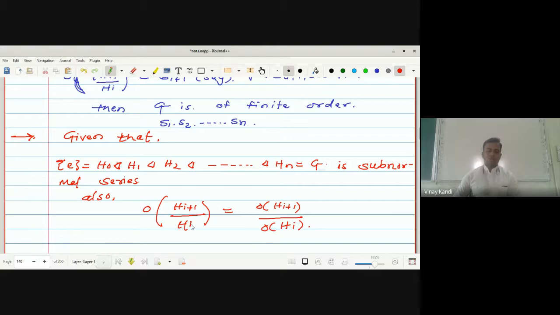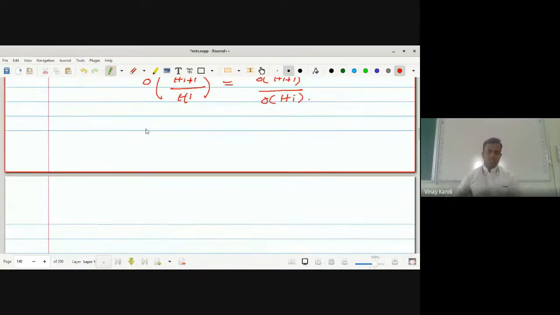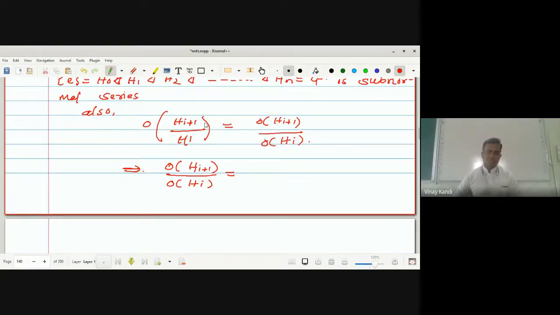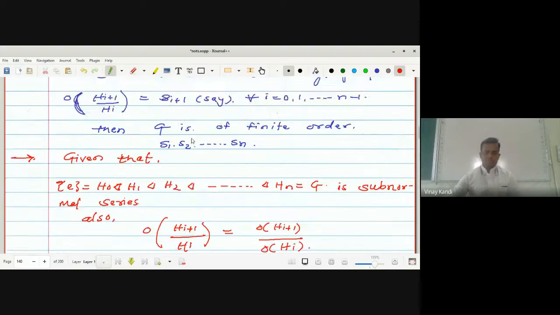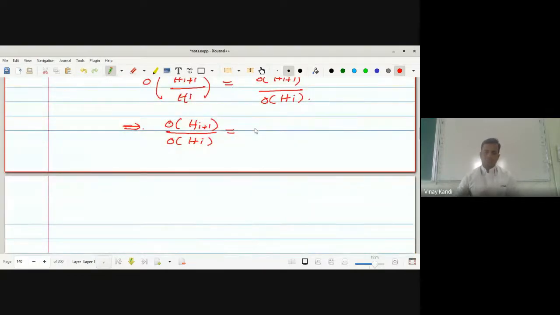So this implies order of Hi plus 1 divided by order of Hi. What is the order of Hi plus 1 upon Hi? Si plus 1. So this is Si plus 1 for all i running from 0, 1, 2 up to n minus 1. Call this equation number 1. Any doubt up to here?